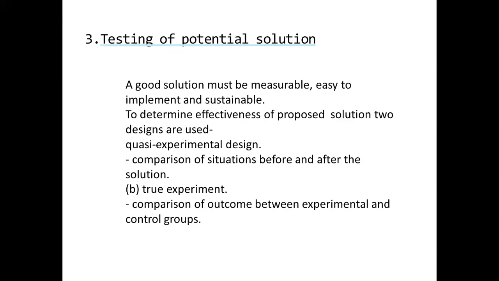In quasi-experimental design, we compare the situation before and after the solution: before finding the solution, what is the nature of the problem, and after finding the solution, what is the nature of the problem. After the quasi-experimental design, we have to do an experiment. There is a comparison of outcome between experimental and control groups.